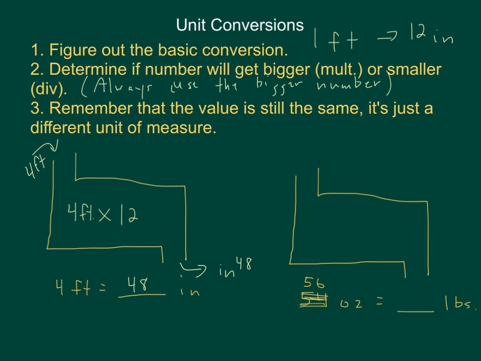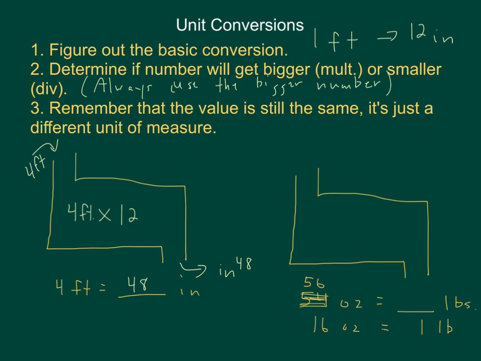And starting off, number one is to figure out the basic conversion. There are 16 ounces in 1 pound. 16 ounces in 1 pound.